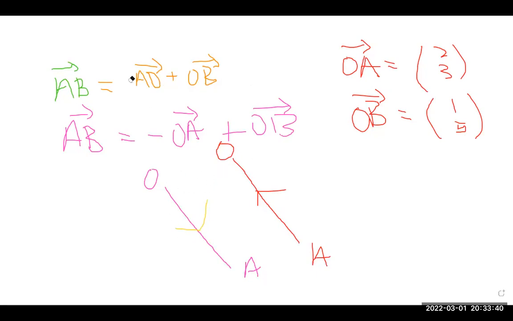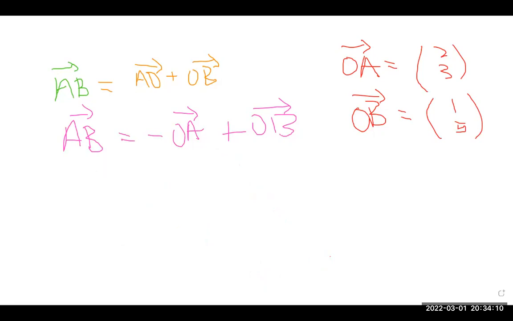But they did not give me the column vector for AO. They told me the column vector for OA. So I needed to figure out how AO is related to OA, so I could use the information that they gave me. So AO is the same as saying negative OA. From there, I just substitute all the information that they told me.